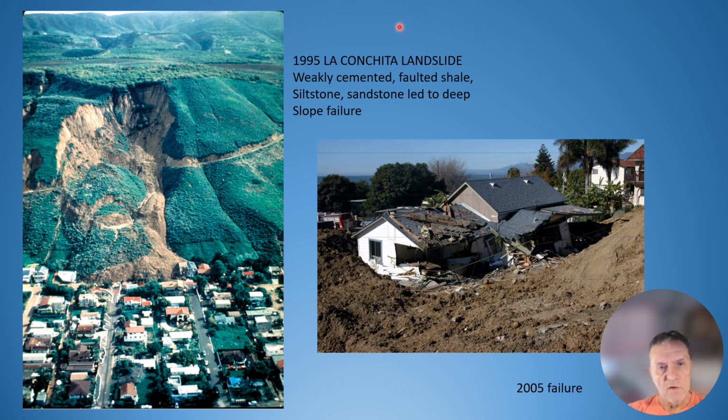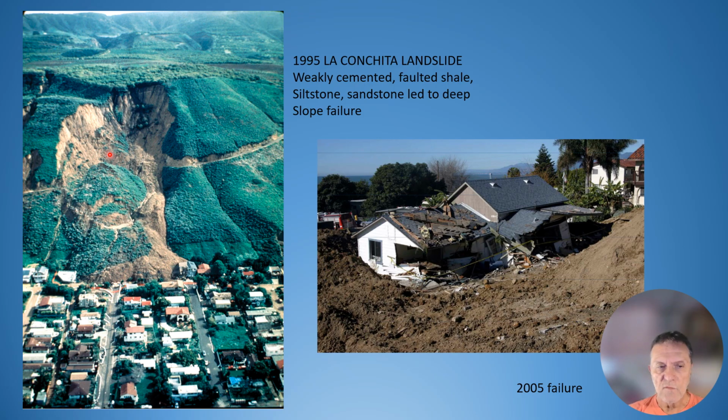Here in California, we have a famous case that happened in 1995 and then 10 years later in 2005 at the coastal town of La Conchita. All this material is weakly cemented, faulted shale, siltstone, sandstone, just sheared up, just very weak. And there's an orchard on top, which of course didn't help because you introduce irrigation water from the orchard into the soil.